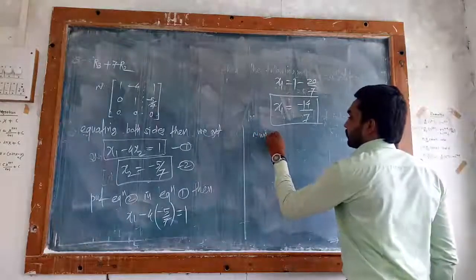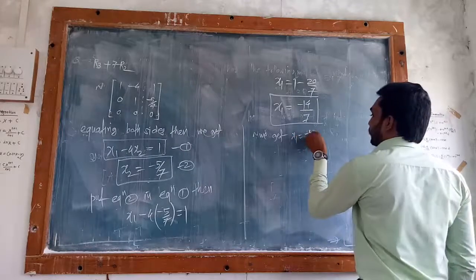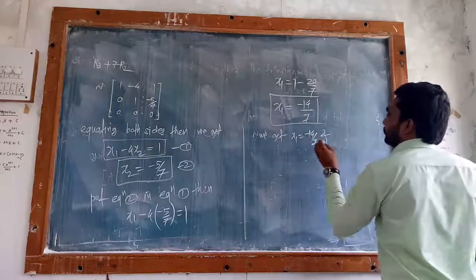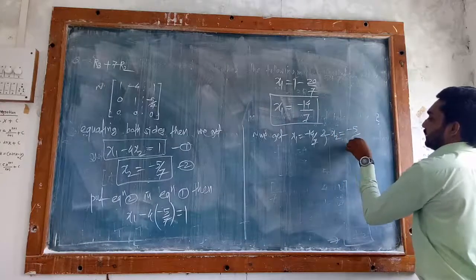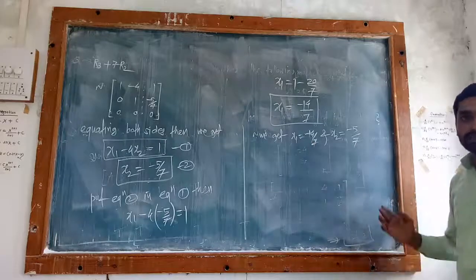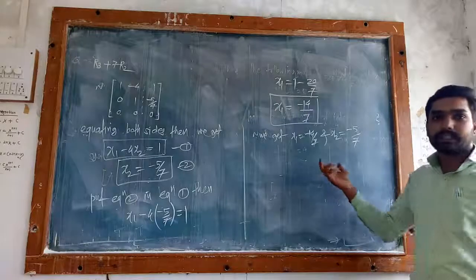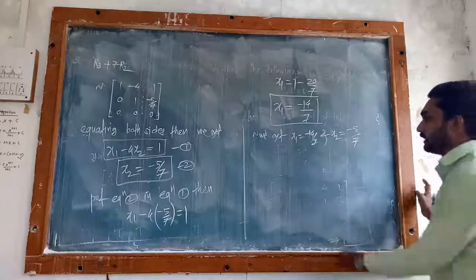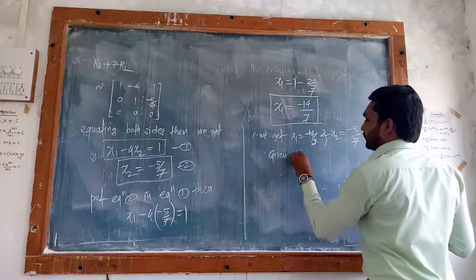So we get x1 equal to minus 40 by 7 and x2 is minus 5 by 7. Okay? Therefore we get the values of x1 and x2. Therefore the given system has a unique solution. That means the given system is consistent, right?